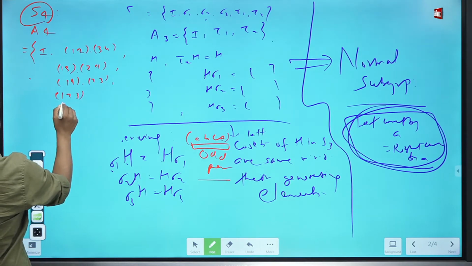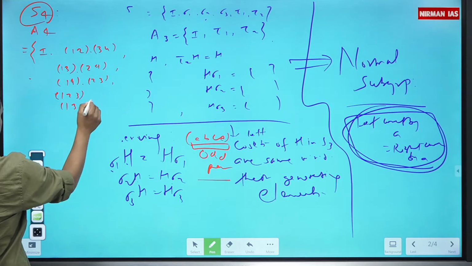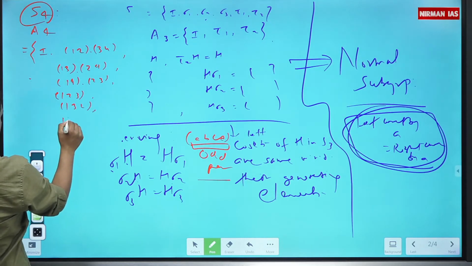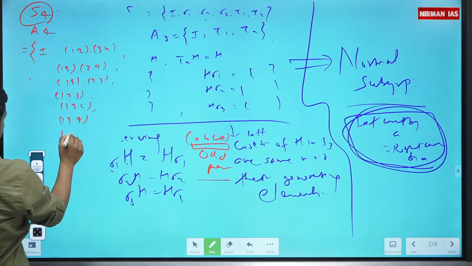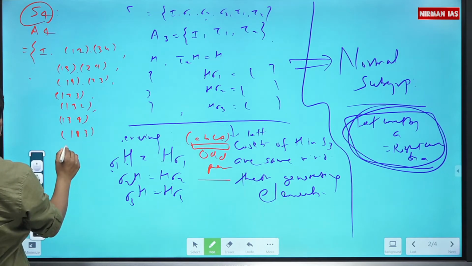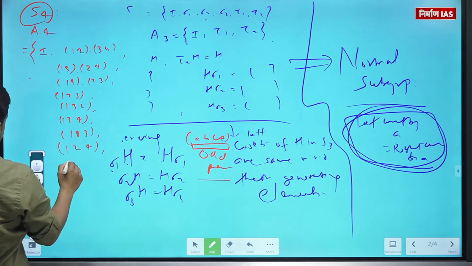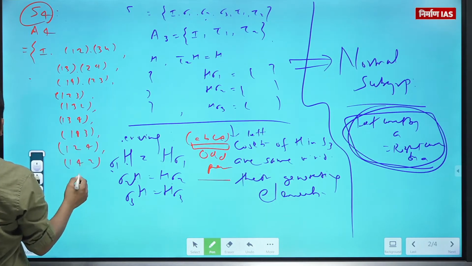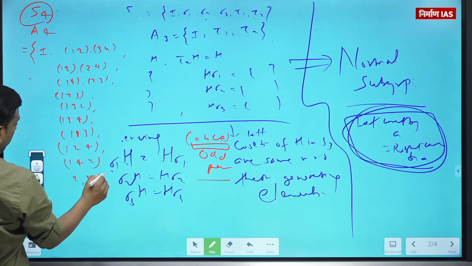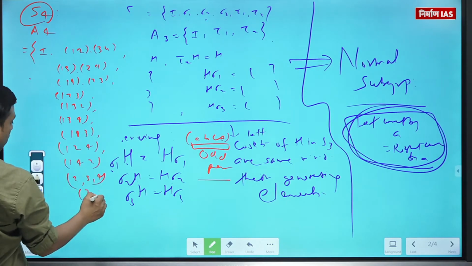1, 2, 3. 1, 3, 2. Keep putting commas. 1, 3, 4. 1, 4, 3. 1, 2, 4. 1, 4, 2. 2, 3, 4. 2, 4, 3.